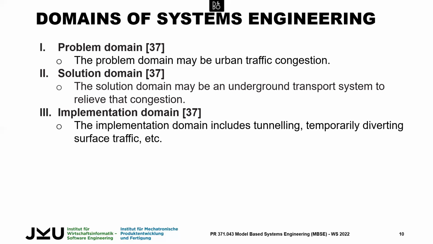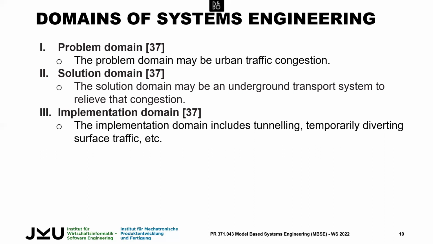This is the solution you are thinking of, but when you are trying to implement, you will see there are different types of solutions coming. Like, the implementation domain includes tunneling, or you can make another road on top of the existing road, temporarily diverting the surface traffic, or maybe you can make some sort of U loop or something, and try to divert the traffic in different directions.